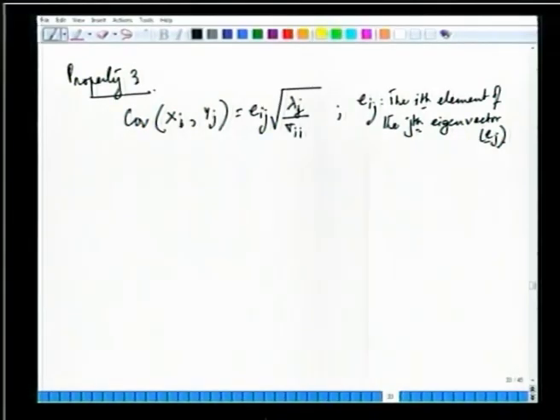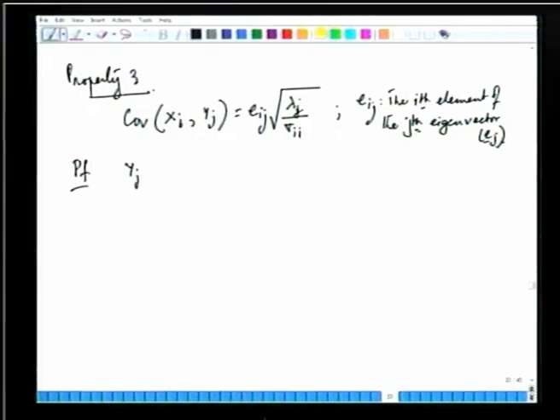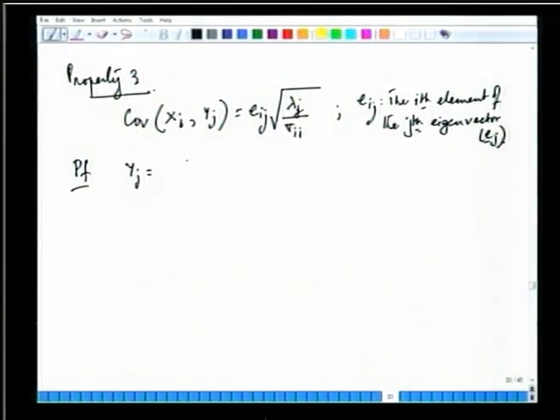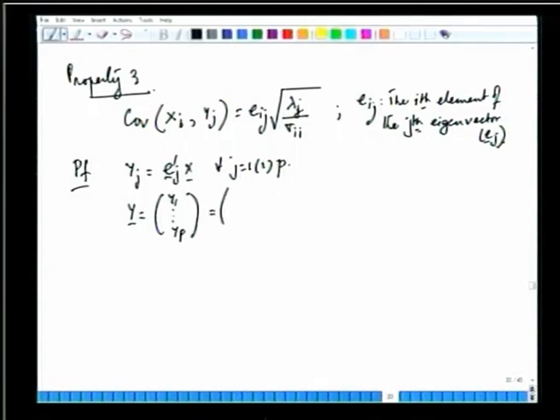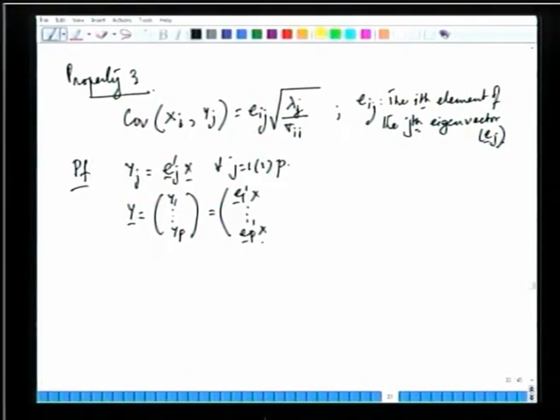So again we start from the form of the principal component yj. Let us try to express it in terms of x, then we are able to use the known results. yj is nothing but Ej transpose x. This is true for all j from 1 to p. And then, y is y1 to yp, and these are nothing but E1 transpose x to Ep transpose x.